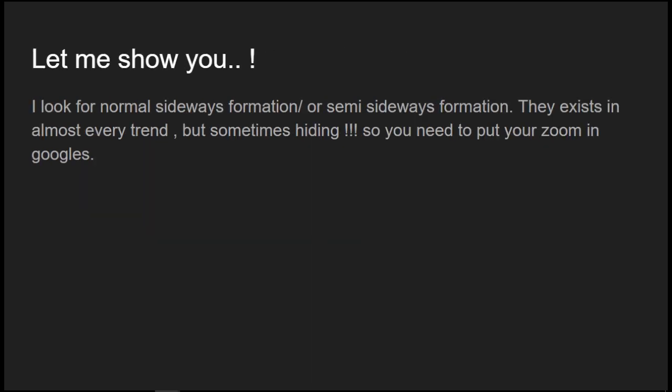So I look for sideways formation, normal sideways formation or semi-sideways formation, and they exist in all trends, but sometimes they are hiding. So you really need to be zooming in and just focus.